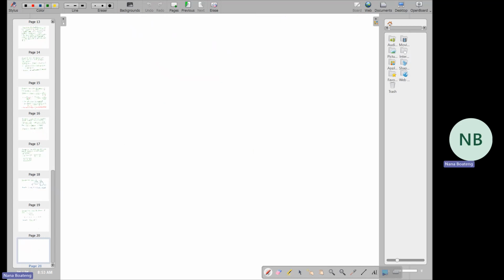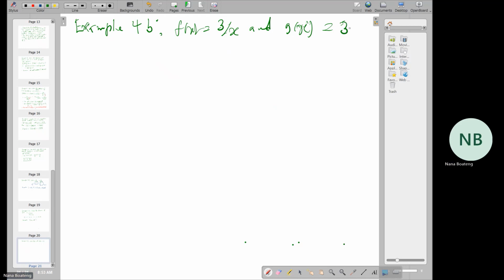Okay, so let's look at our last example. This is example 4b. And it says f of x is equal to 3 divided by x, and g of x is also equal to 3 divided by x. Find the following.